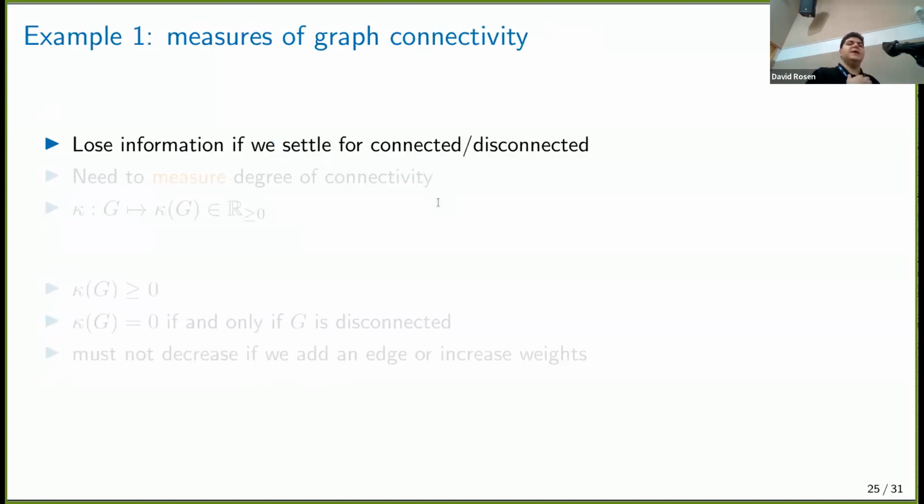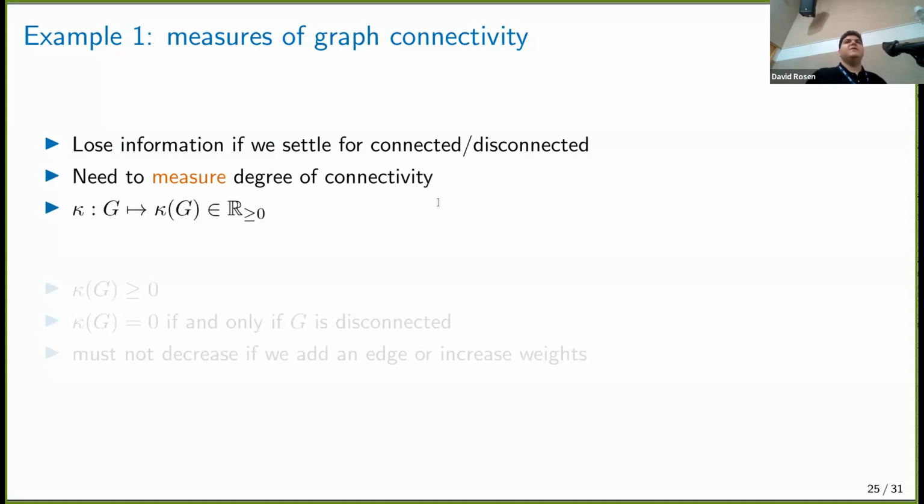I'll start with the connectivity. So we know what it means for a graph to be connected or disconnected, but that's just too coarse, right? There are many graphs that are connected, but obviously some of them are better than the others in terms of the degree of connectivity. So definitely we need a way to measure that in a finer way.